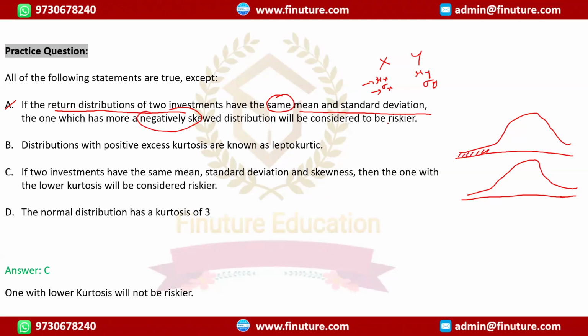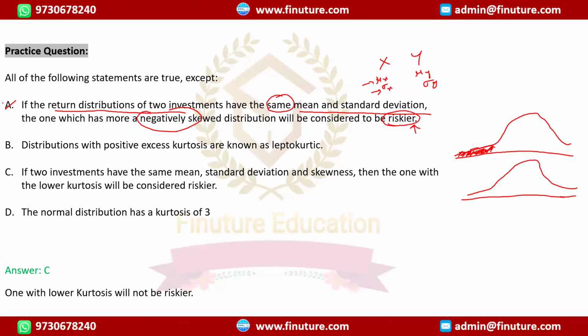So we are saying that it is riskier. Indeed, it is true, because probability is area under the curve, and with negative skew the tail region area is slightly more. So the probability of a negative return as an outcome is more. That's why we can say it is riskier.